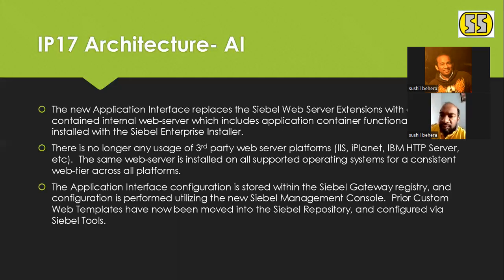After IP17, when we install our Siebel server, there will be a URL called the Siebel SMC. We will open the Siebel SMC first to bring our application up, make configuration changes, or add component parameter details. Those things are maintained by the Siebel Management Console.